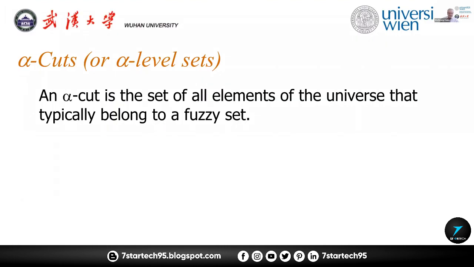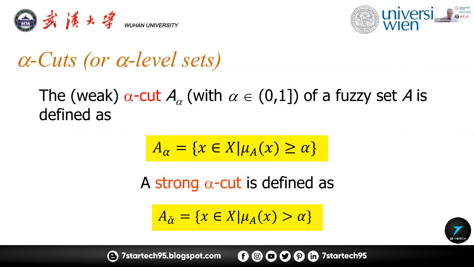So, an alpha cut or alpha level set are all those elements of the universe that typically belong to a fuzzy set. So how is it defined?